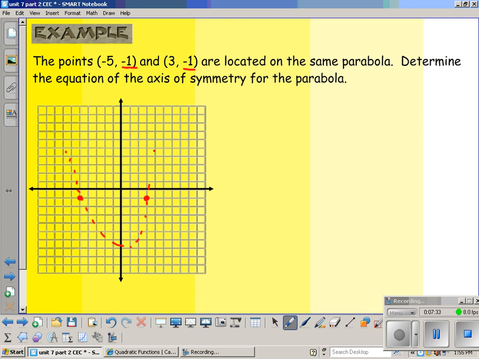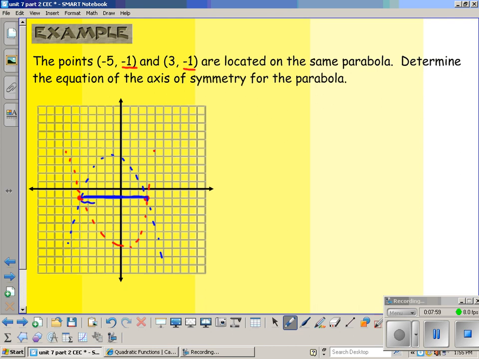What we do know is that those points on the parabola from the axis of symmetry need to be equal distance. So what we have to do is we have to take this distance here, we have to split it in half. Now, because we have drawn it on a graph, we can visualize it using this graph. We can count.